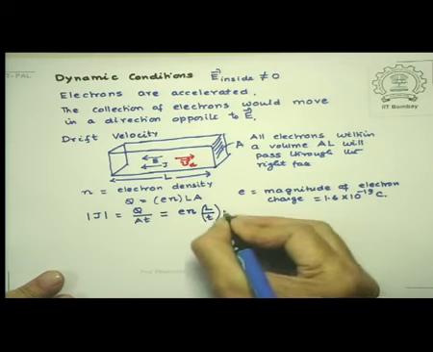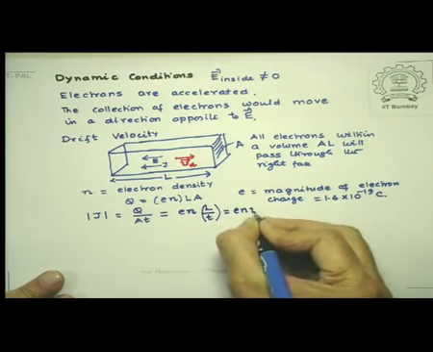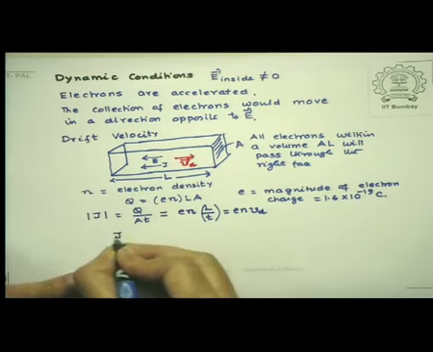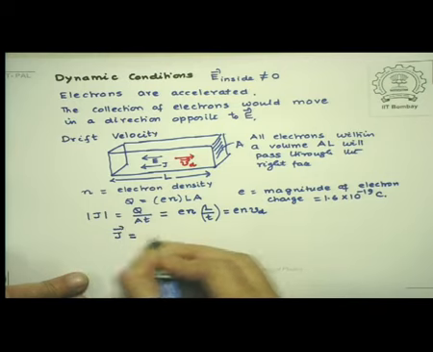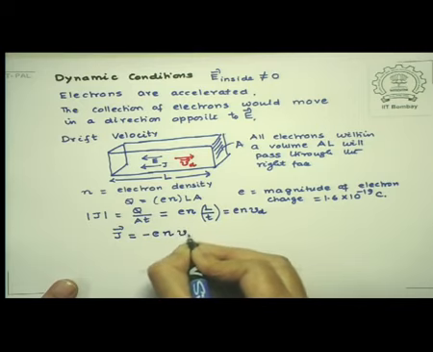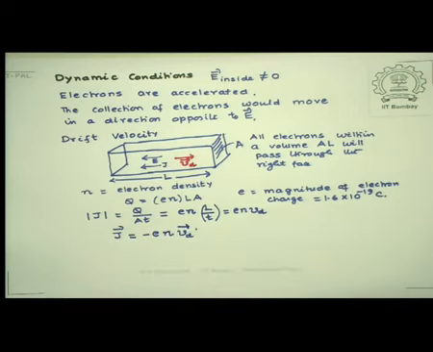So, that is e times n times the magnitude of Vd. Now, since the direction is opposite to that of the current density, I write my current density J as equal to minus e times n times Vd. The direction of the current density is opposite to the direction in which the electrons are moving.